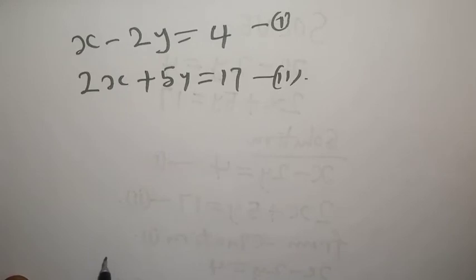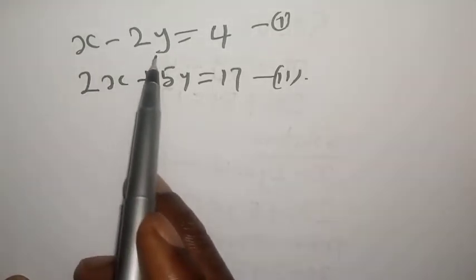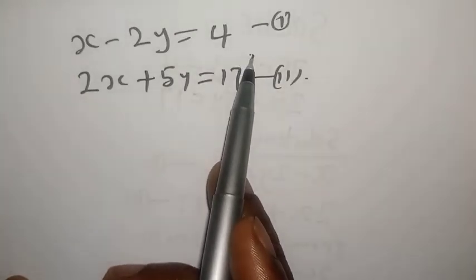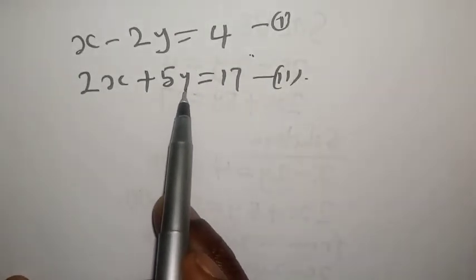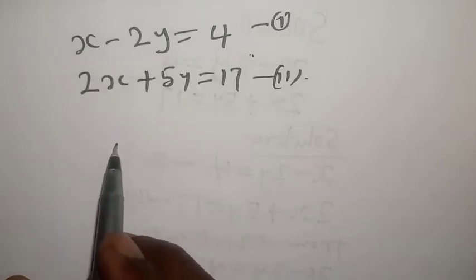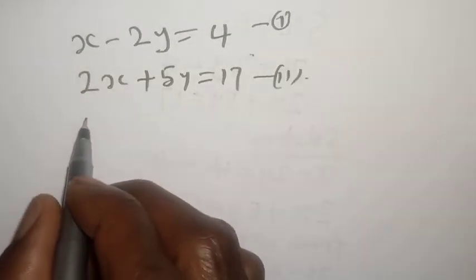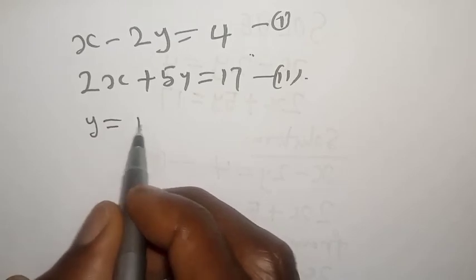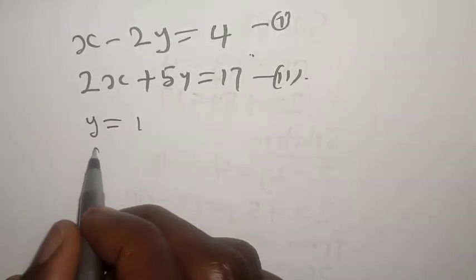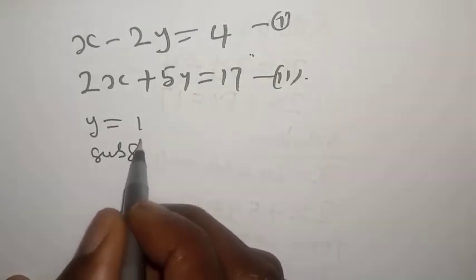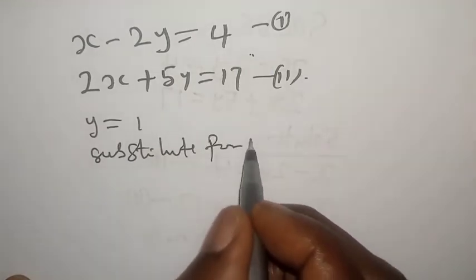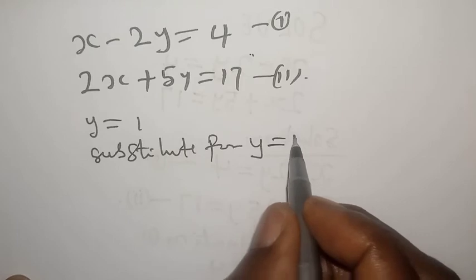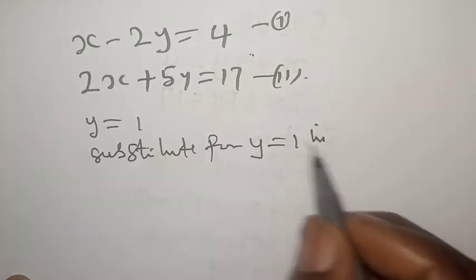Remember, the questions are x minus 2y is equal to 4. That is equation 1. Then equation 2 is 2x plus 5y is equal to 17. And we've gotten our y value to be what? y is equal to 1. Then let's substitute y equal to 1 in any of the equations.